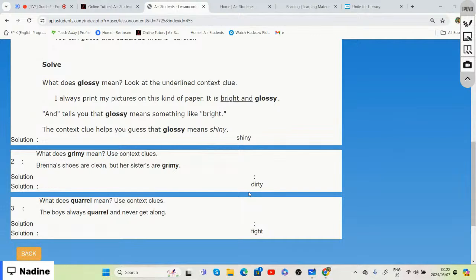So now it says, what does grimy mean? Grimy. It says Brenna's shoes are clean, but her sister's shoes are grimy.